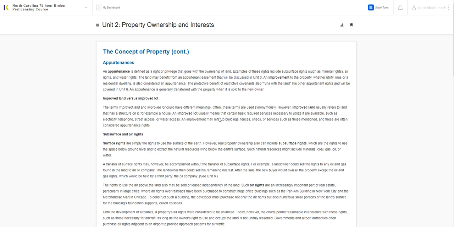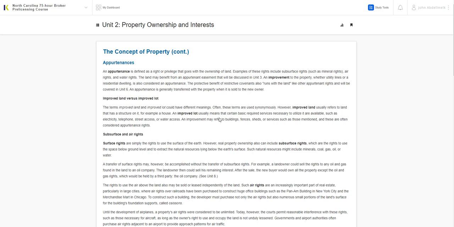Okay, what type of right or privilege? Examples of those rights include subsurface, so under the surface, mineral rights, air rights, and water rights. The land may be benefited from an appurtenant easement that will be discussed in Unit 3. An improvement to the property.